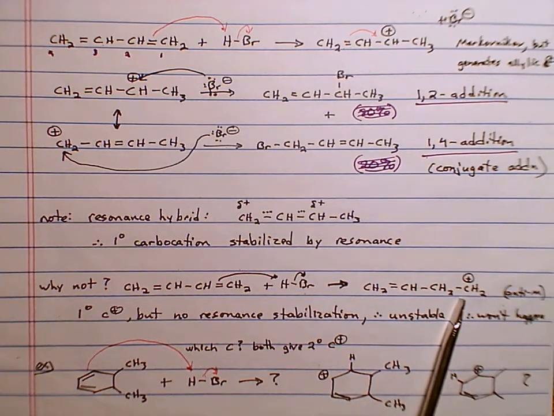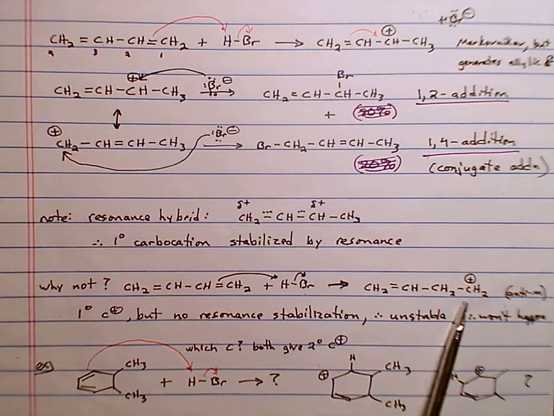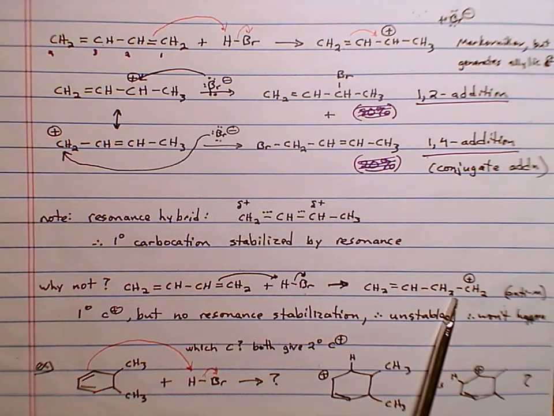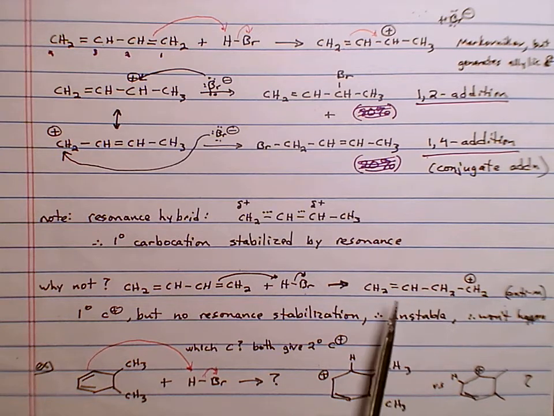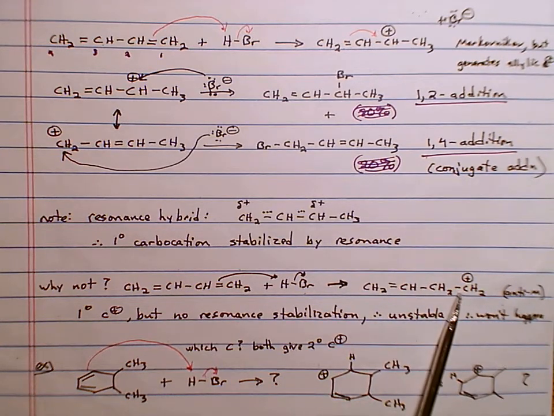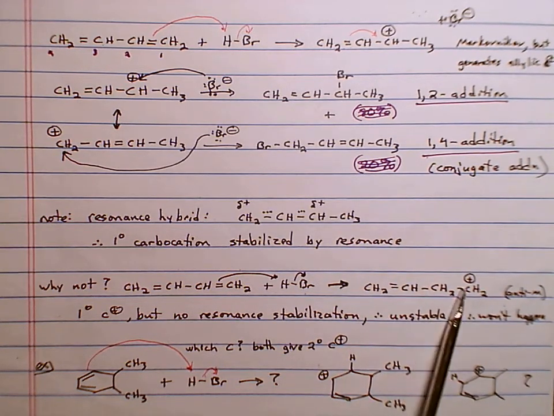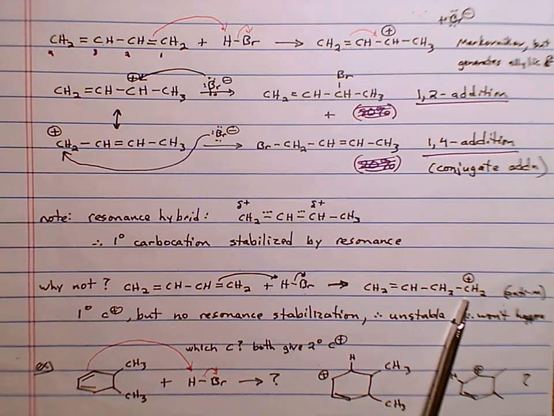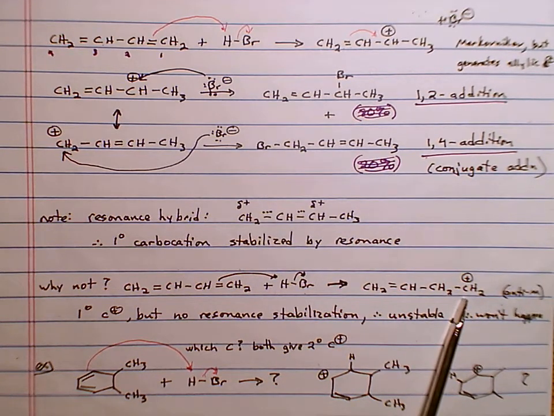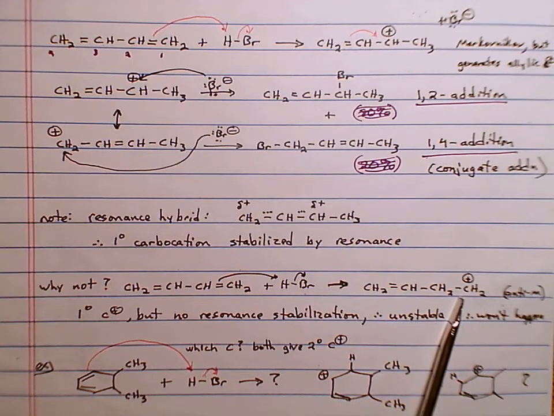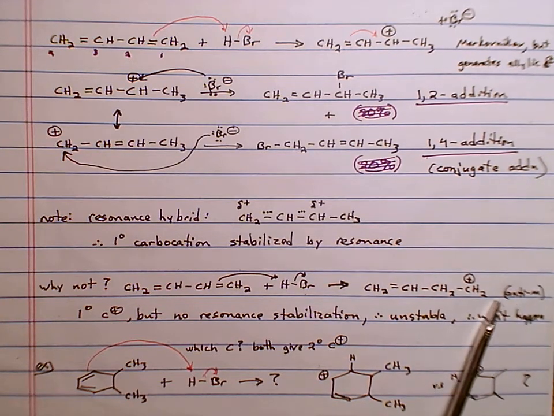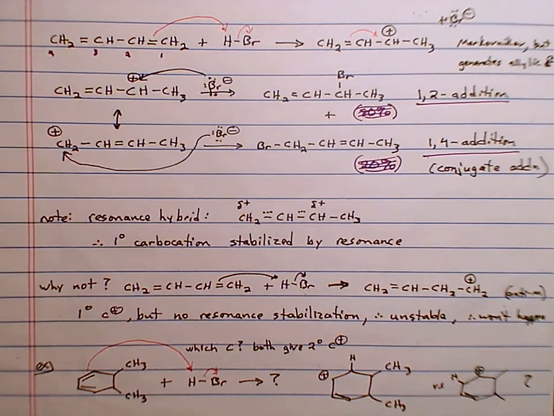Because no, that's a primary carbocation and there's no resonance here. This is not allylic. For this to be allylic, the double bond would have to be right here. It's not. It's over here. So this is not an allylic carbocation. It's not secondary. This is just a plain old ordinary primary carbocation, and that's just not stable enough to form. So you will not get the anti-Markovnikov product.